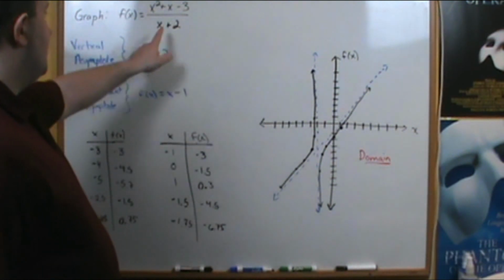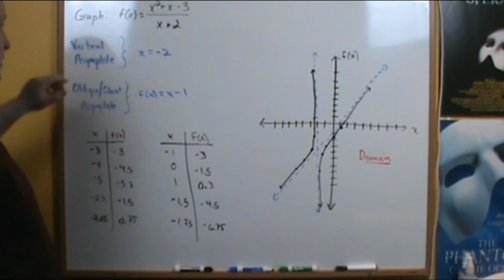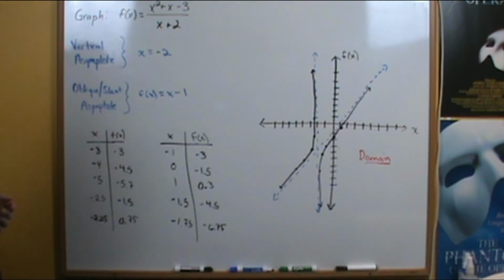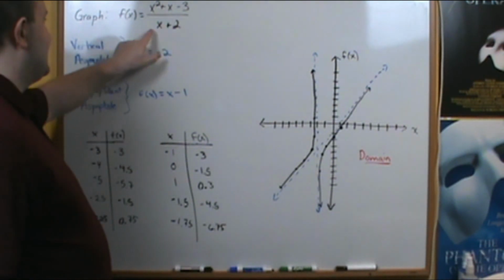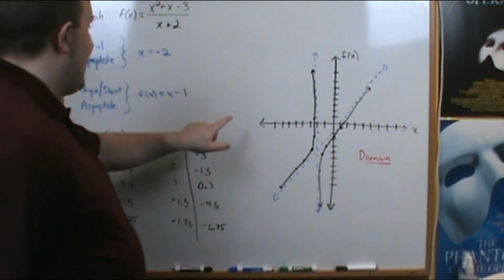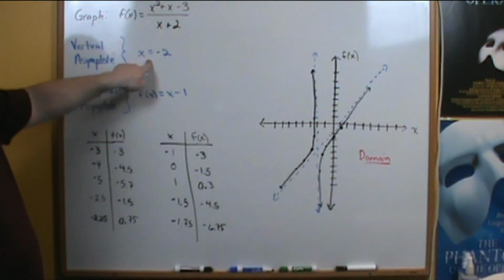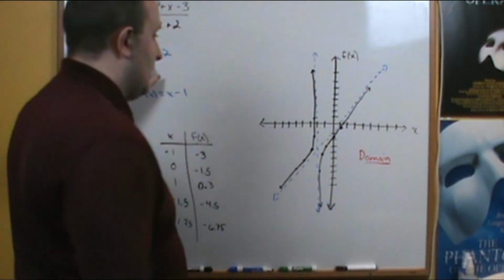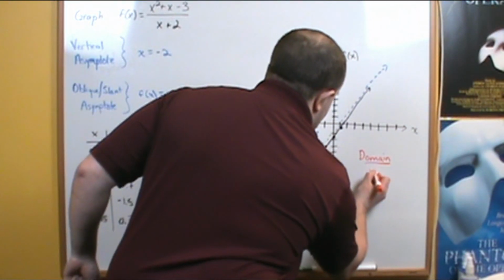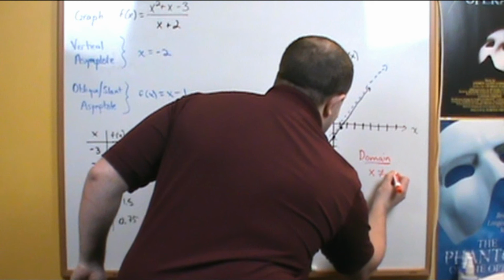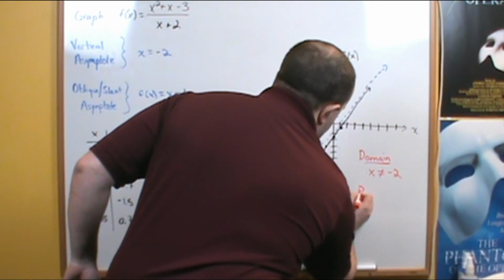So in this case, we don't have to worry about creating imaginary complex numbers. We just have to worry about when the denominator is 0. And that's only going to happen when x is -2, as we said in our vertical asymptote. So our domain is all real numbers, but the restriction is x cannot be -2.